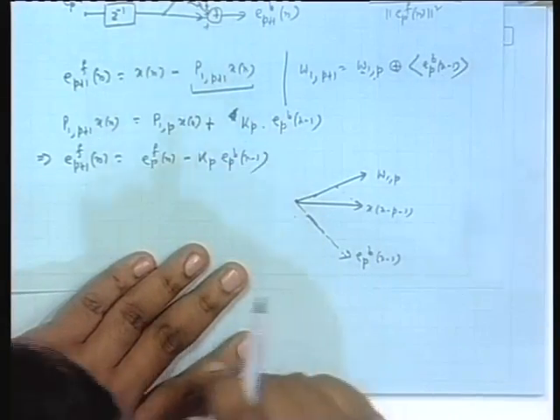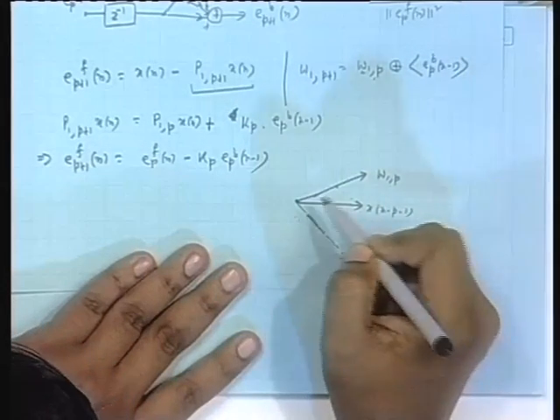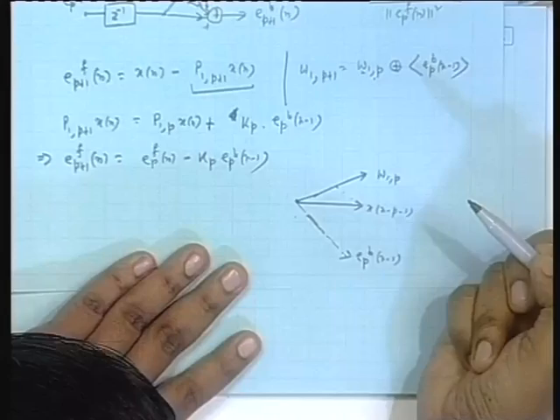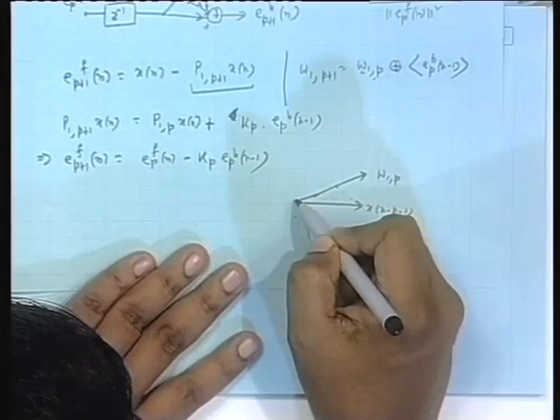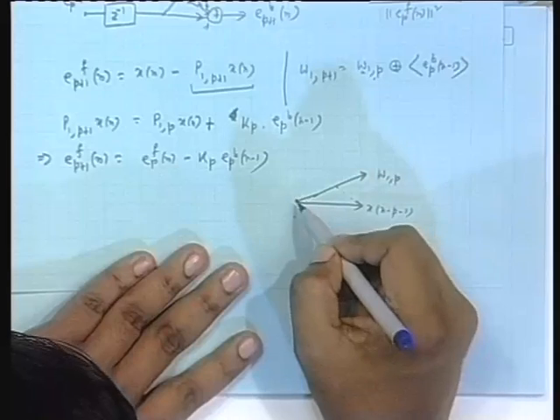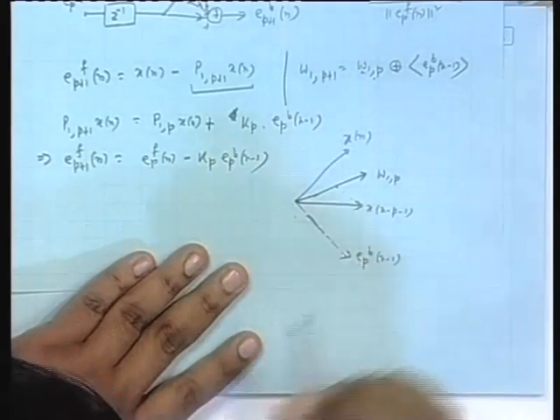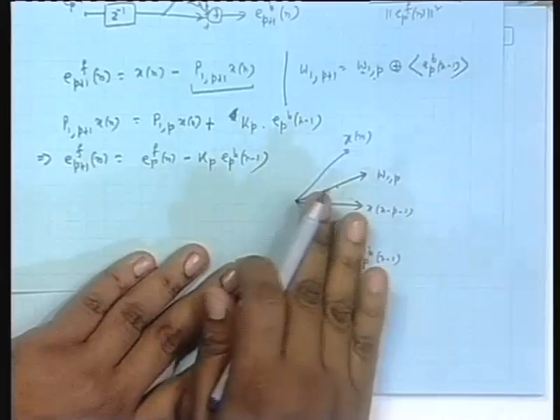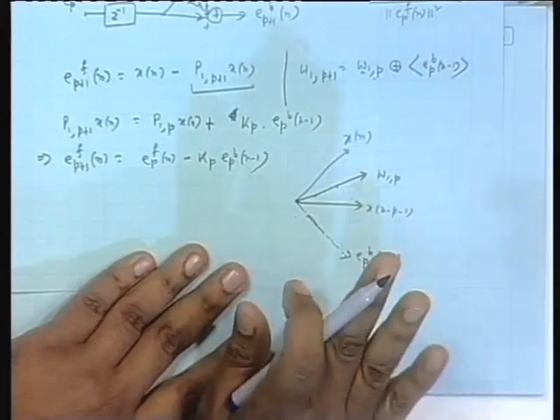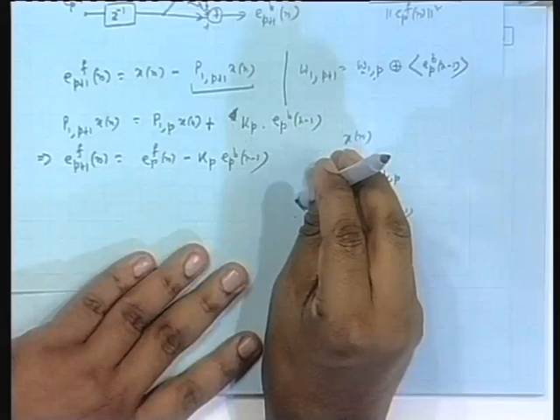Okay. Now, suppose that external fellow x n is this guy. This is your x n. Unfortunately, in a 2D plane, I cannot show 3D things. You have to use your imagination, that this is actually lying outside.